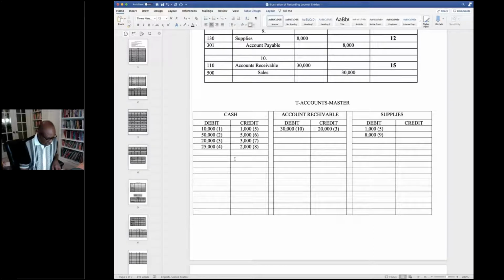Cash coming in was 10, 50, 20, and 25,000. And so that was roughly 105,000. Cash paid out was 1, 5, 3, and 2. And so that's 11,000.